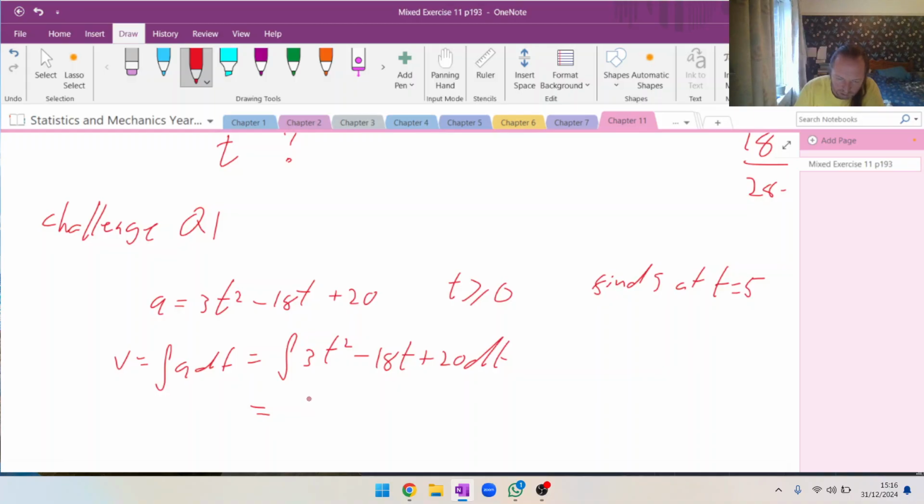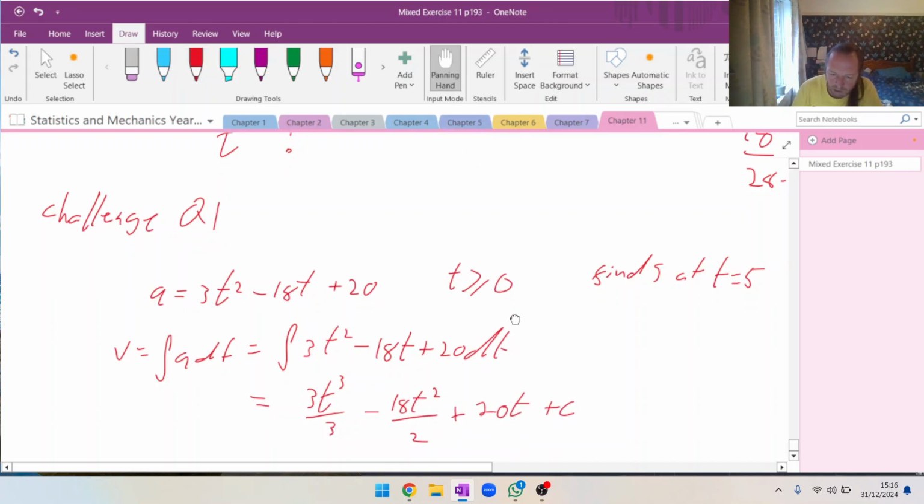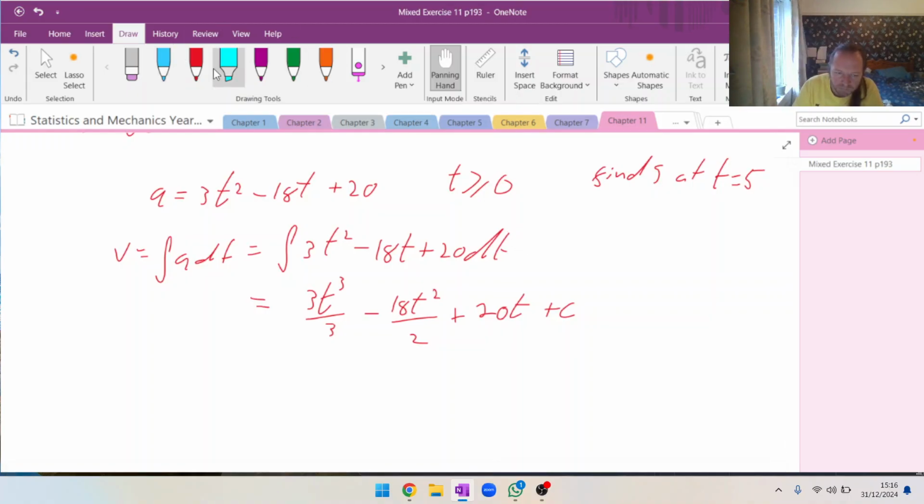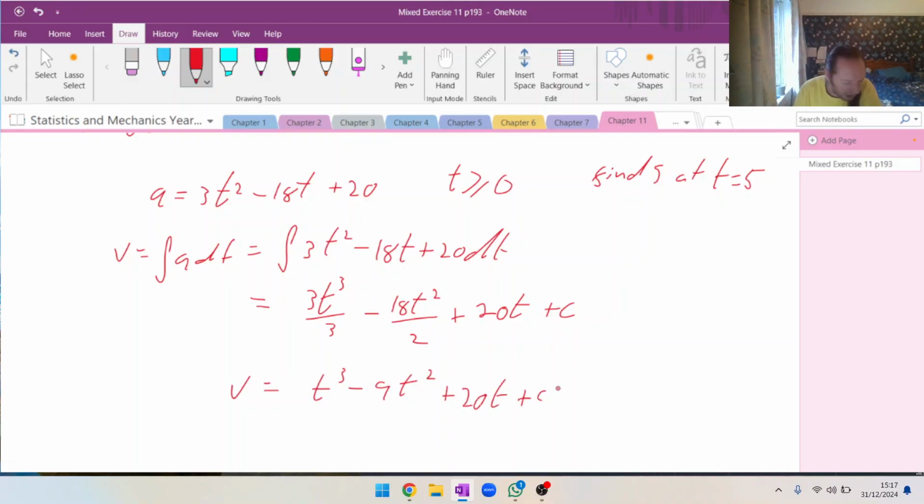So we have 3t to the 3 divided by 3, minus 18t squared divided by 2, plus 20t, plus c. So velocity is equal to t cubed minus 9t squared plus 20t plus c.